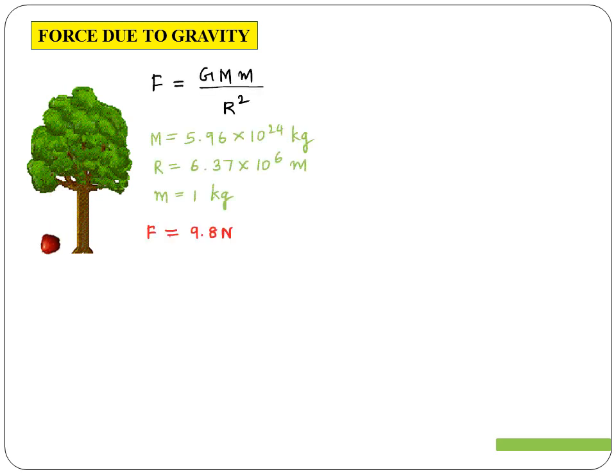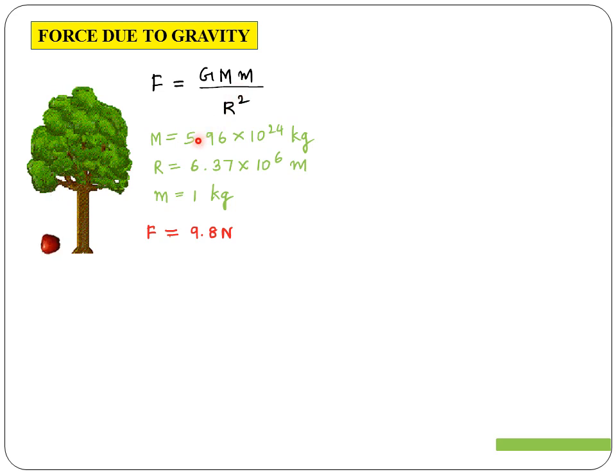So we have the force due to gravity F equal to G into capital M into small m divided by r square. Here, as you know, G is the gravitational constant, capital M is the mass of earth, r is the radius of earth, and m is the mass of the object or body kept on the surface of earth.